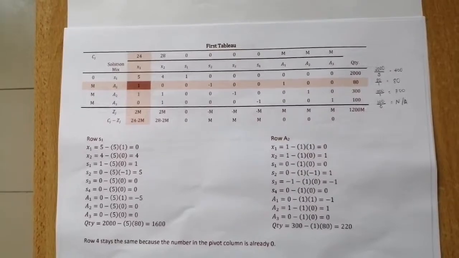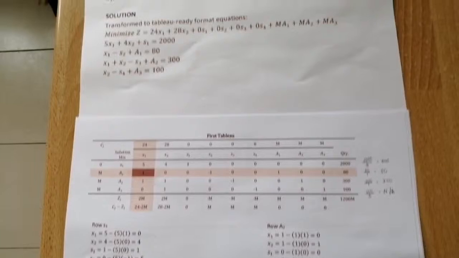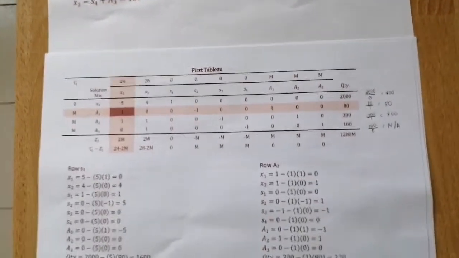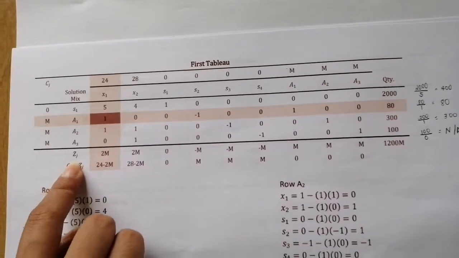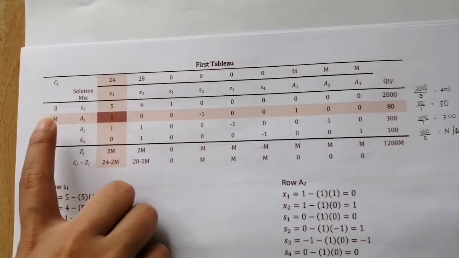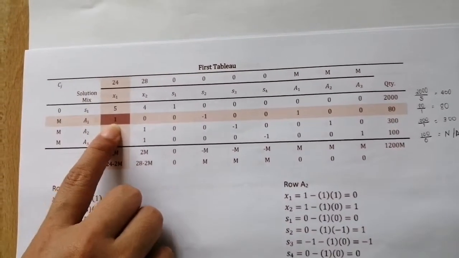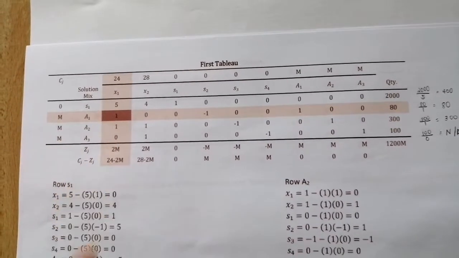This is our first tableau. As you can see, we just plotted the constraints above to the table. To find zj, we must multiply 0 and 5 plus M times 1 plus M times 1 plus M times 0.